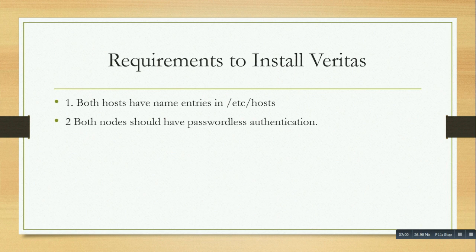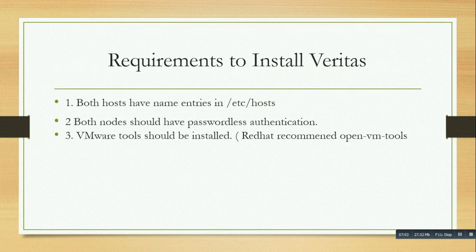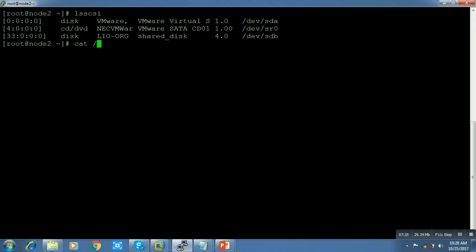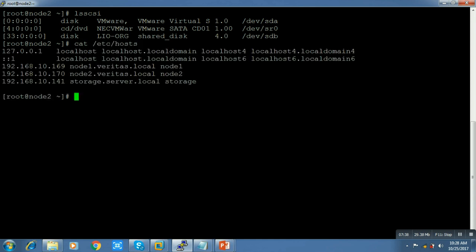If you are using a physical server, then there is no need for VMware Tools installation. In Red Hat 7, Red Hat does not like you to install the default VMware Tools provided by VMware, so they recommend you install open-vm-tools on Red Hat 7 instead. Now let's check that this configuration is done. This is my /etc/hosts entries. Now let's go to node 1 also.